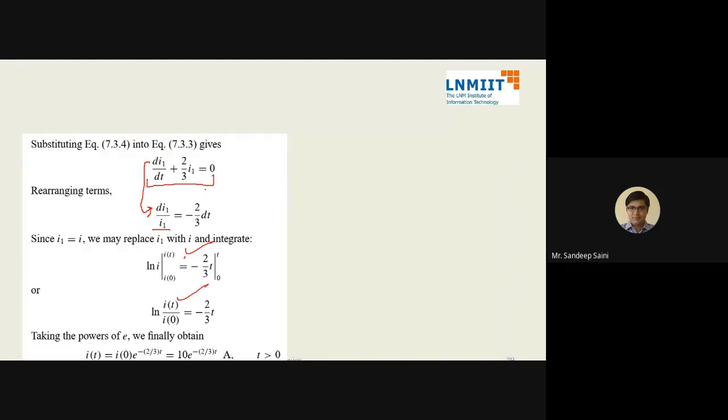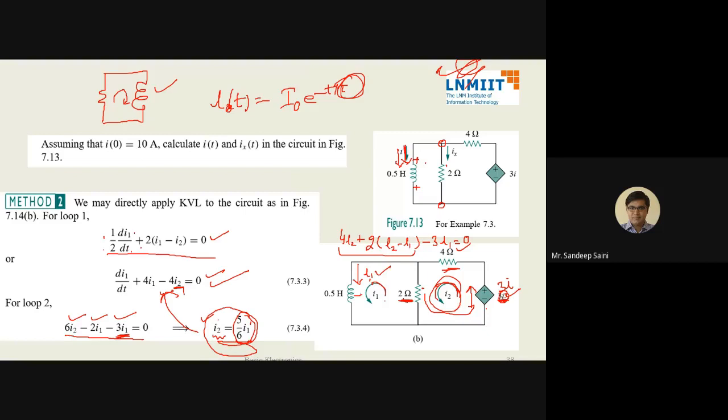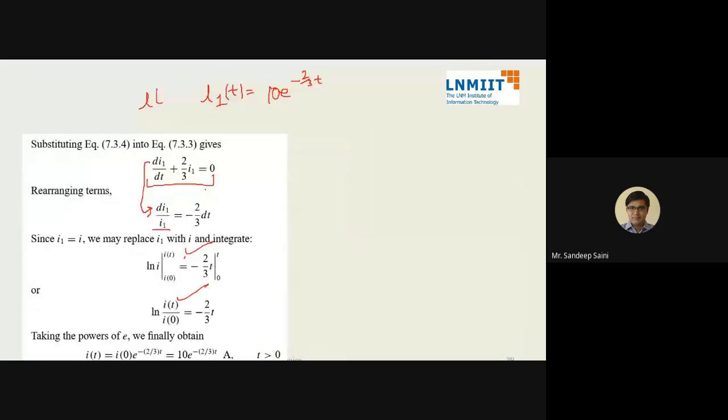So this is the equation I got for I1. I1 of t is equal to 10 into e raised to power minus 2 by 3 t. Okay. And I1 is equal to I. Is that okay?